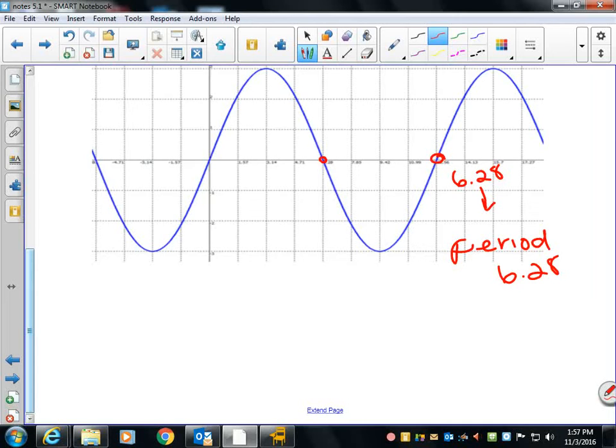Oh, this is 6.28. Is that a period then, you guys? When we follow the pattern up and down, but this doesn't go back up, so it's only halfway. So this is a full period because it goes up and down.